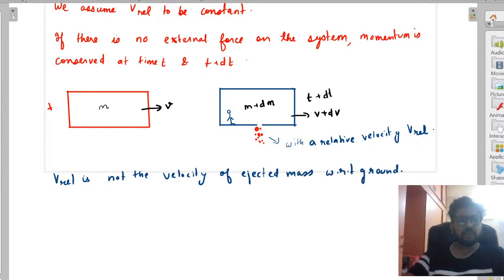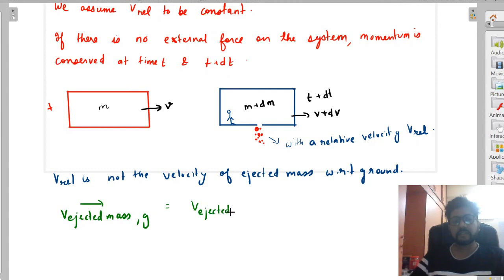But suppose you are asked to find the velocity of ejected mass with respect to ground, then the velocity of ejected mass with respect to ground is equal to the velocity of ejected mass with respect to the system plus the velocity of the system.